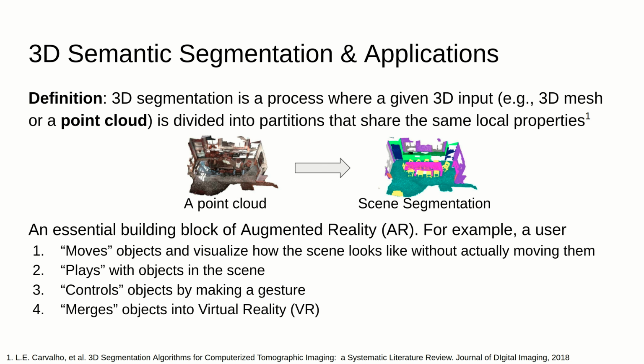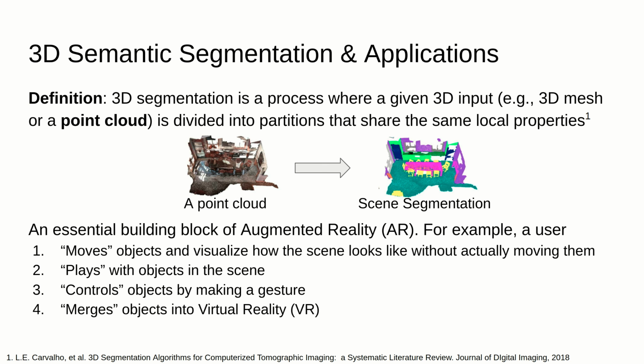Here are several use cases. A user can move objects by changing the location of a table in a room without actually moving it, and visualize how the scene looks without that table. A user can play with objects by shooting a virtual ball into the scene and watching how it bounces off different surfaces.